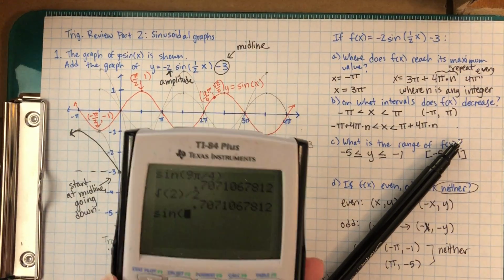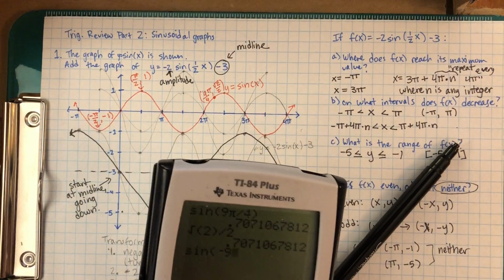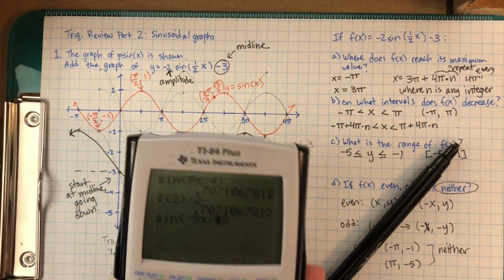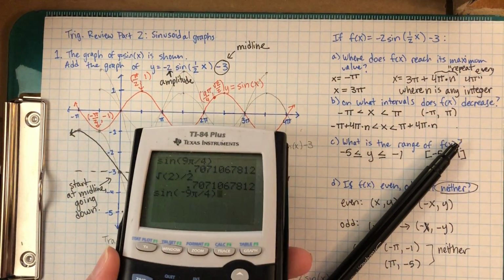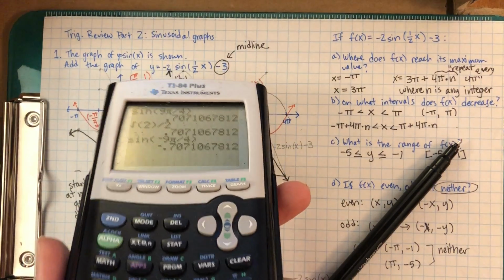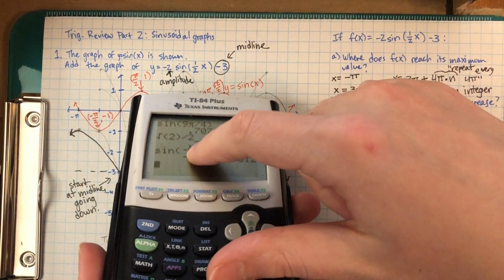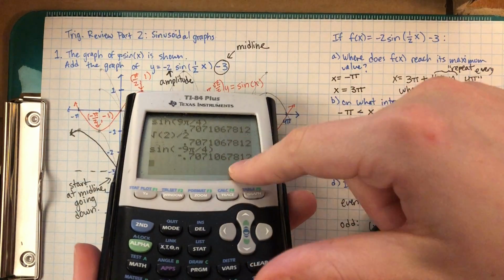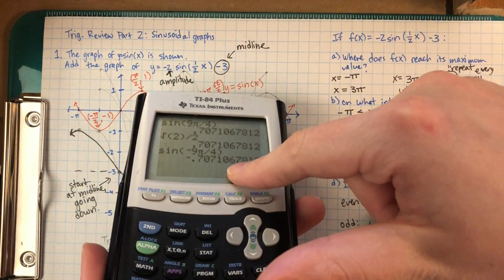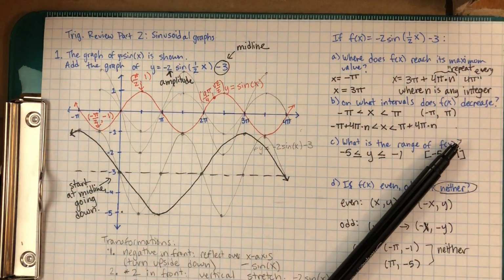And the sine of negative 9 pi over 4 is the negative of that. So I changed what was on the inside to be a negative, and I got the negative answer outside as well. That's what it means to be odd.